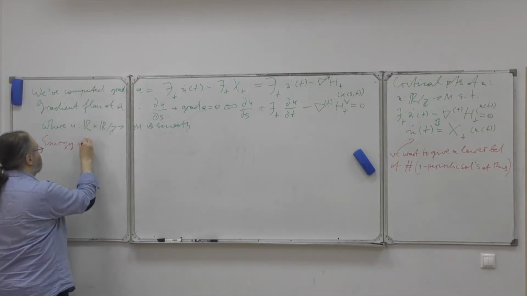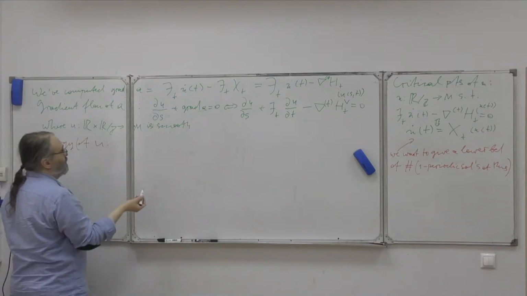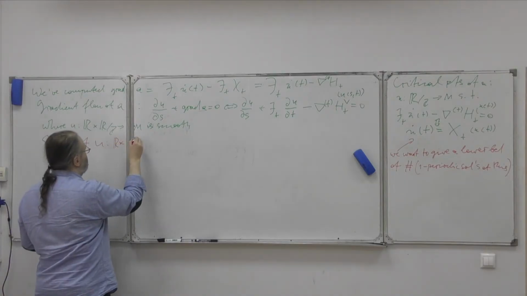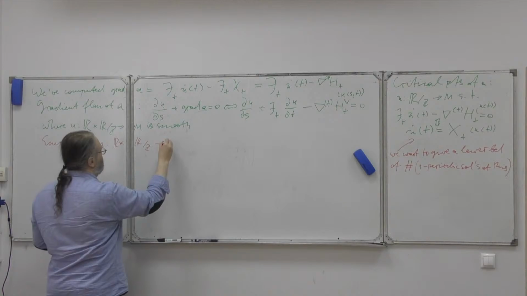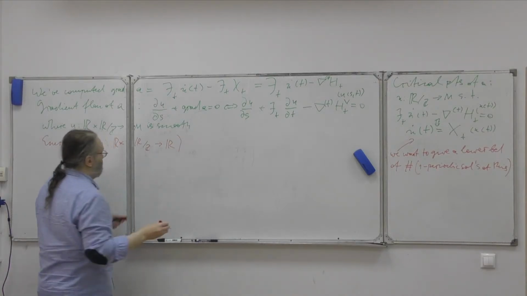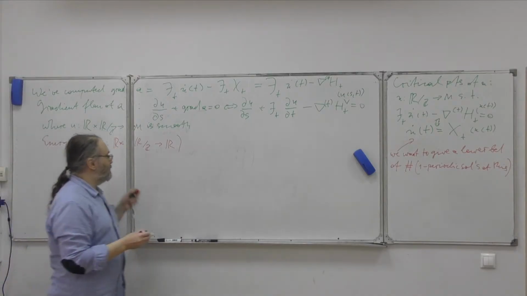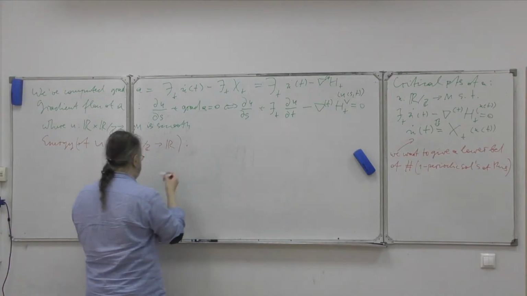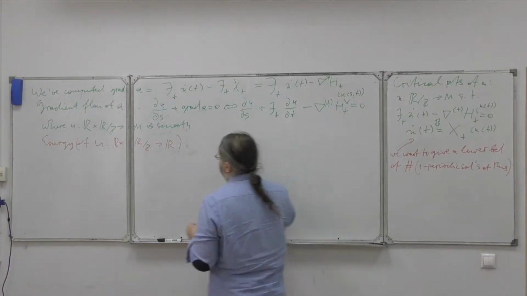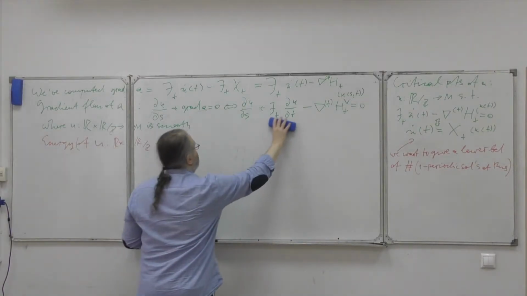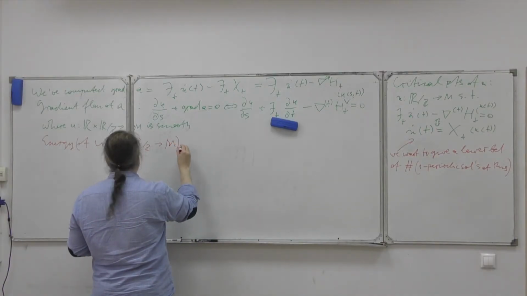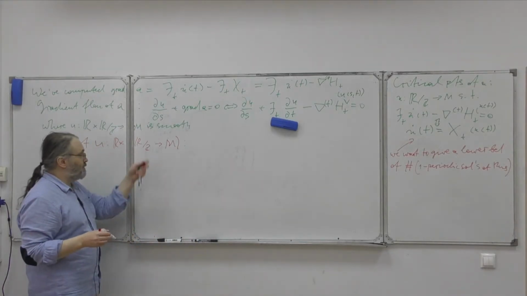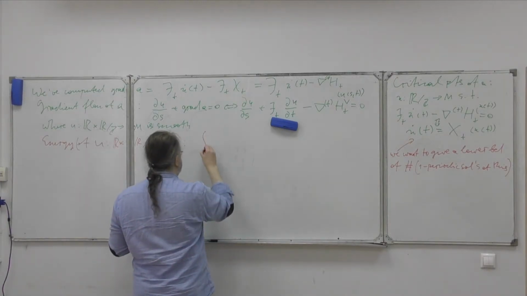Of a function u from R cross the circle to, no, not to R, to M. So suppose I have a map from R cross R by Z to M, and I want to define the energy.